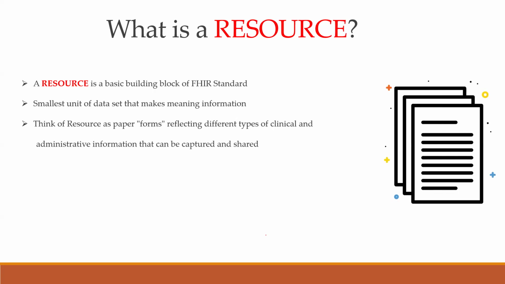Then there will be a third form which will be used for insurance related details. So let us assume that a patient has been handed three different forms, and the patient is filling them up one by one. First form, patient demographics. Second form, guarantor details. Third form is for insurance information.